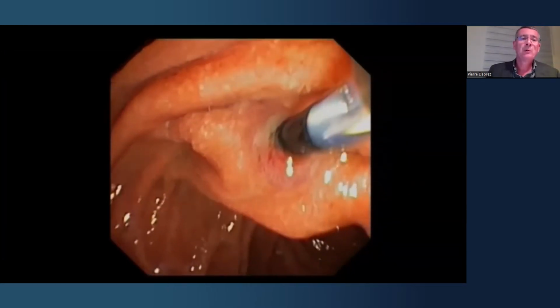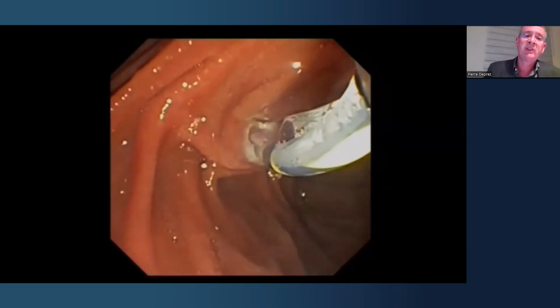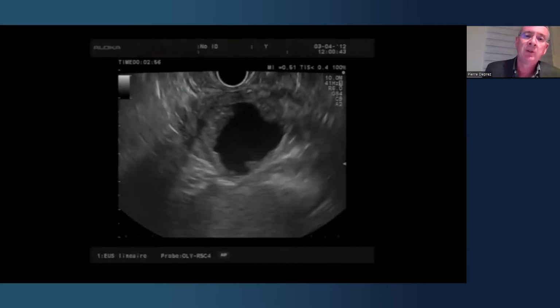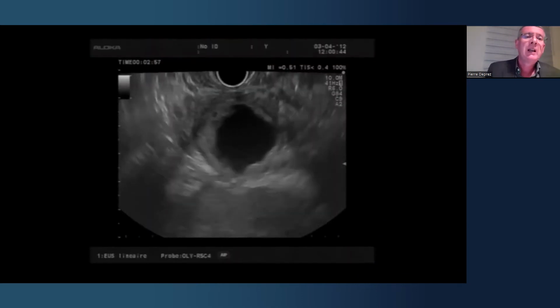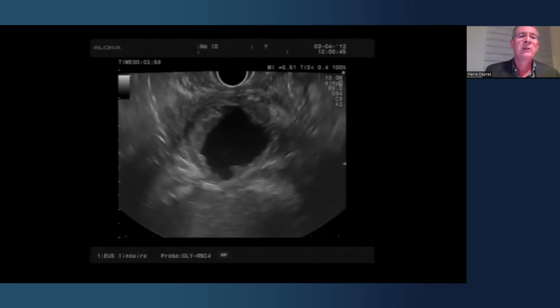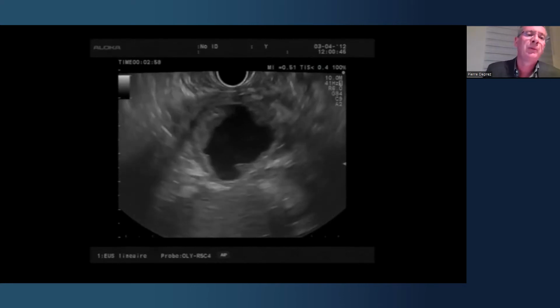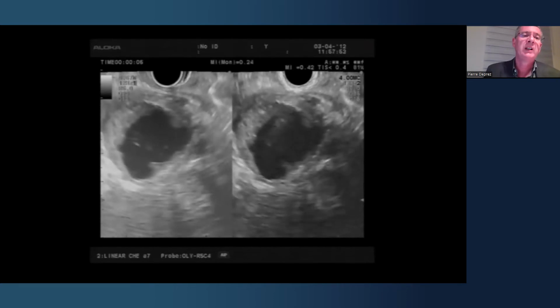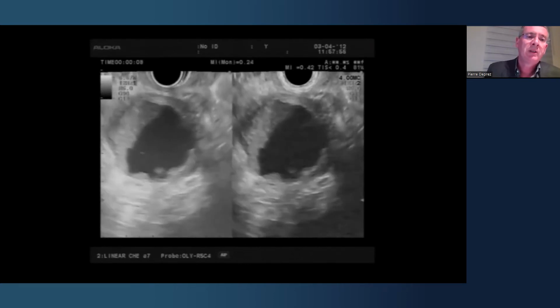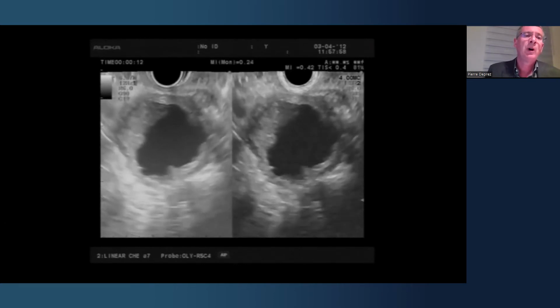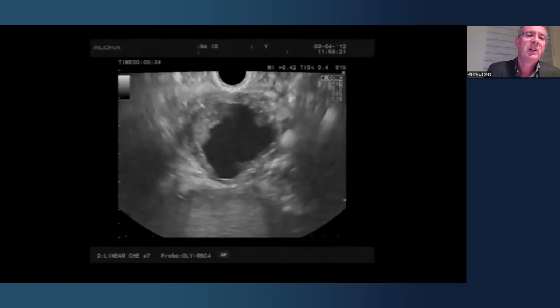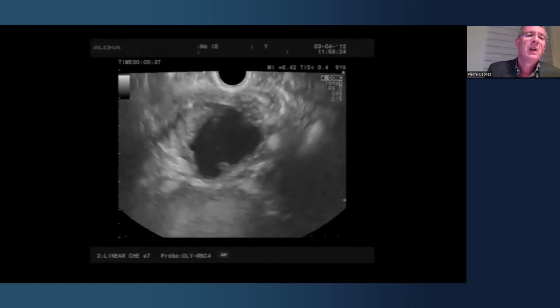I went for diagnosis and treatment at the same time. I treated the pancreas divisum first, and then I went to EUS, and you see the EUS images of this cystic lesion. You see that there is a contrast, and there is some uptake of the contrast in the wall.